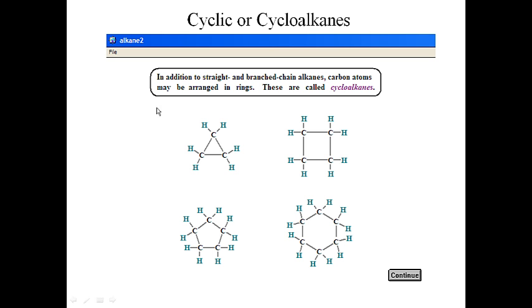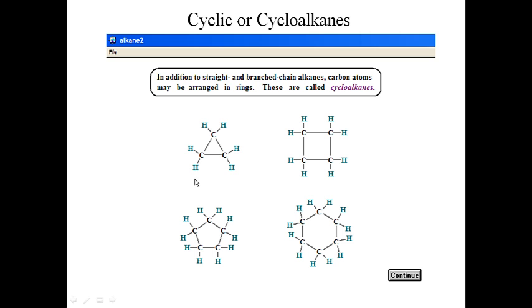And so here are some examples of cycloalkane rings that are made up of 3 carbons, 4 carbons, 5 carbons, and 6 carbons. We're going to spend most of the time talking about 6 carbon rings, both in this lecture and the one for Friday. So first, these are called cycloalkanes.